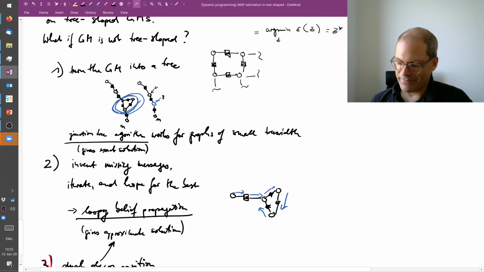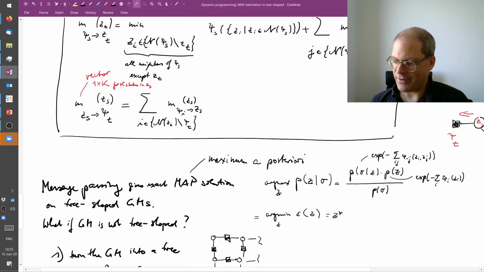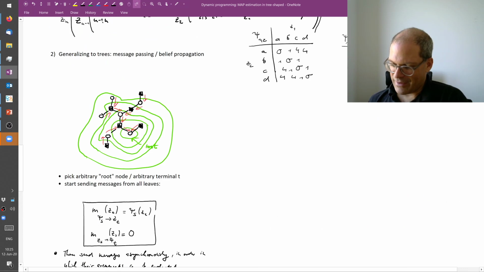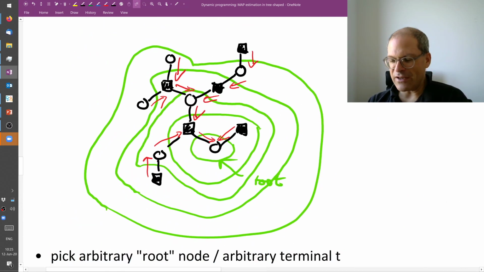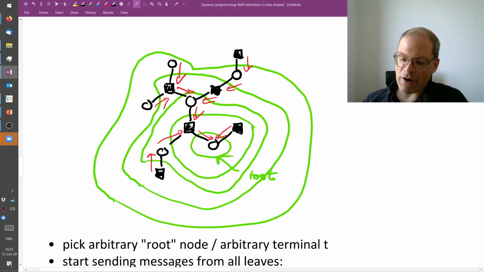Another possibility: earlier, up here, I have always been insisting that we need to wait for all incoming messages before we can send our outgoing message. Now, if the graph has loops, we can cheat.